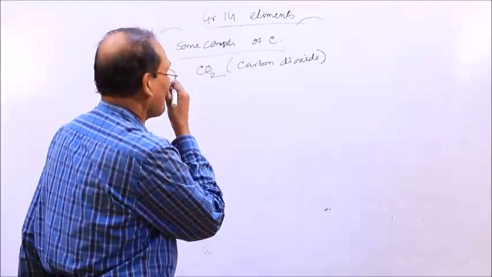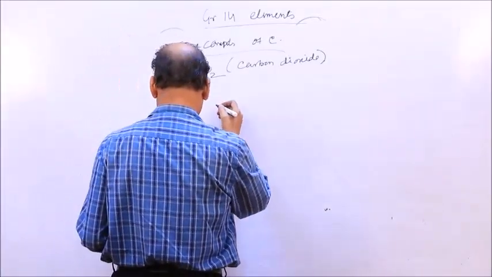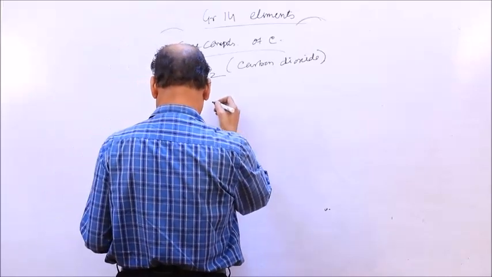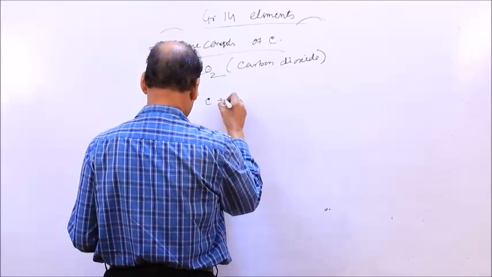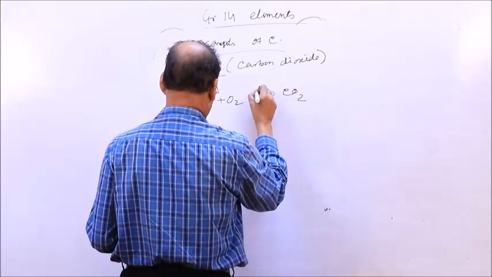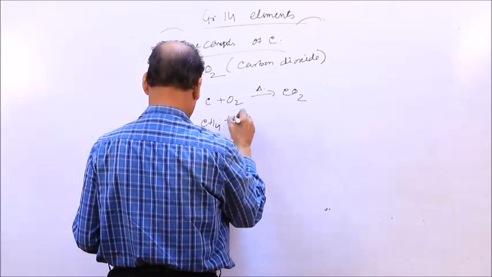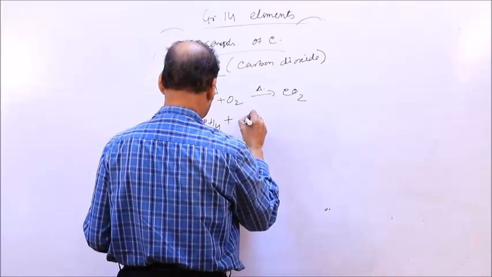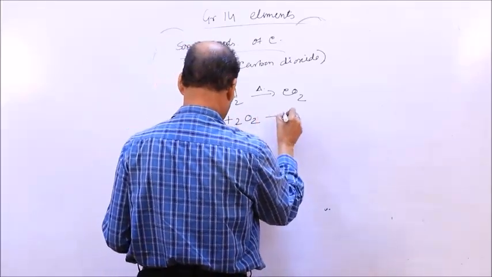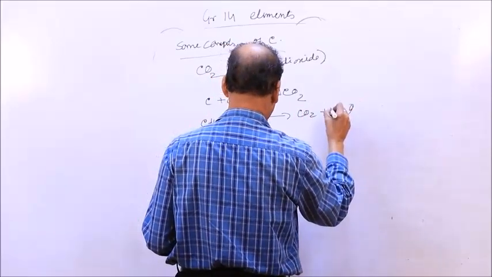That is why life exists on earth. Carbon dioxide is produced when carbon and oxygen react on heating, and similarly when methane reacts with oxygen it forms carbon dioxide and water.